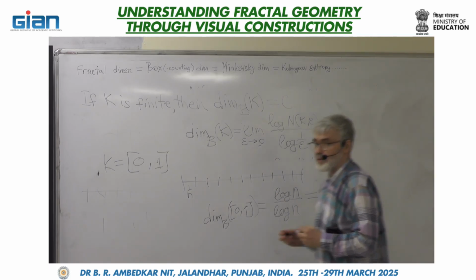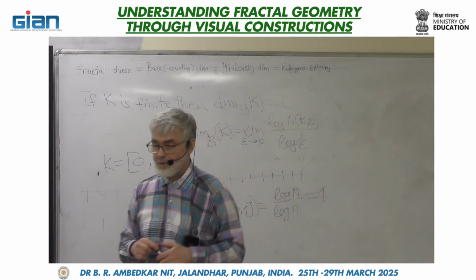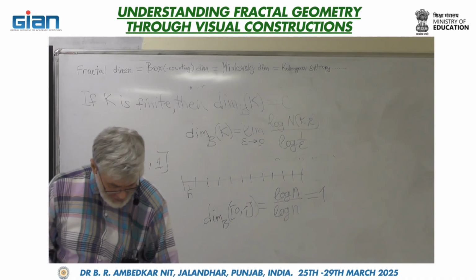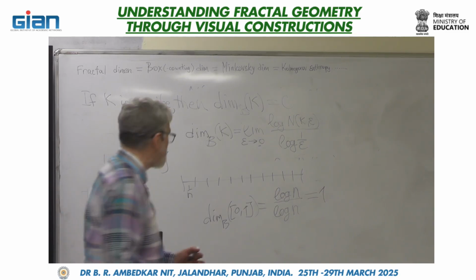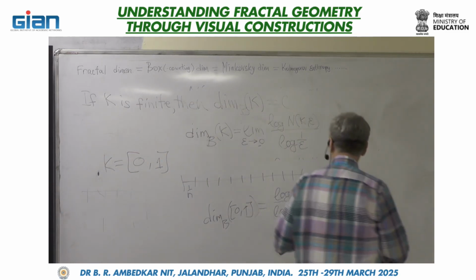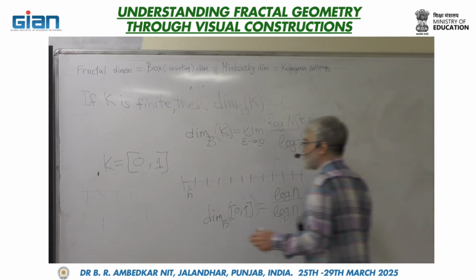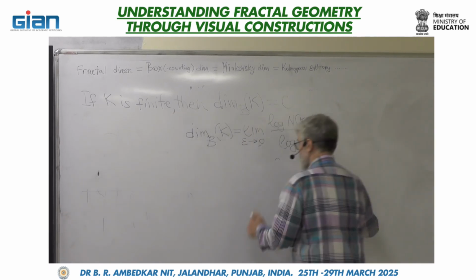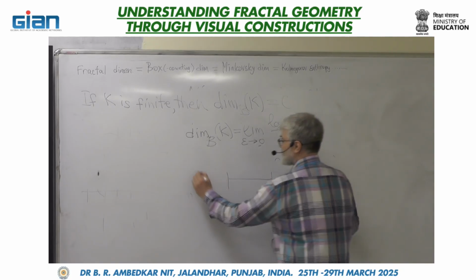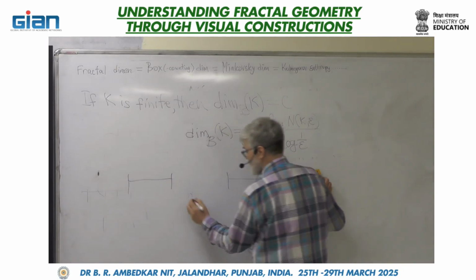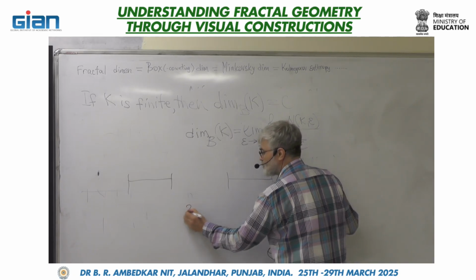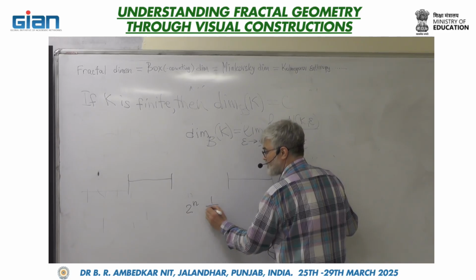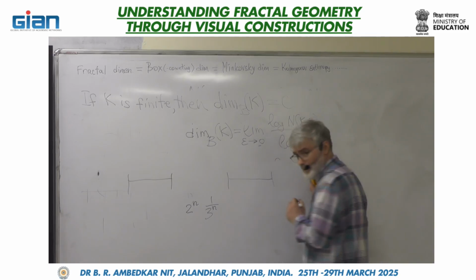Without passing to a limit, we get this number. And if we take, say, the Cantor set, you discussed it with Professor Sorab Katyar. If we have the Cantor set, it consists of 2 to the power of n copies of diameter 1 divided by 3 to the power of n.